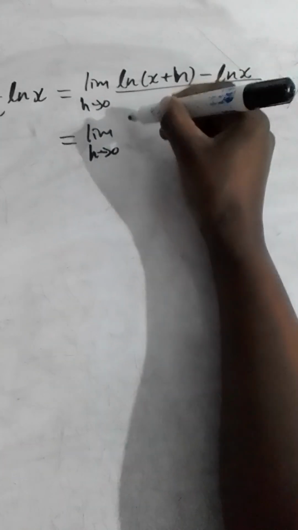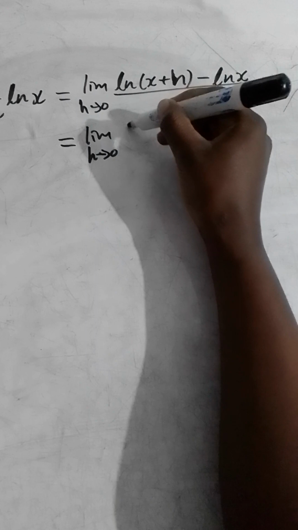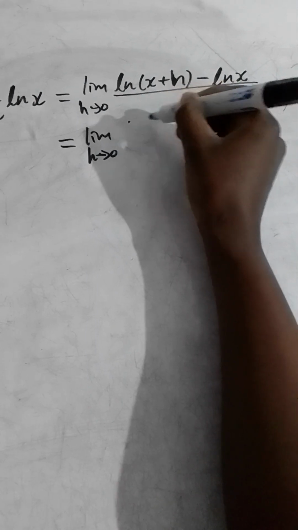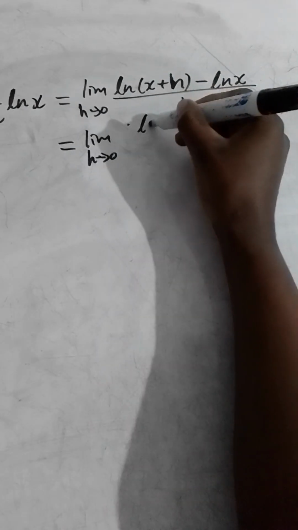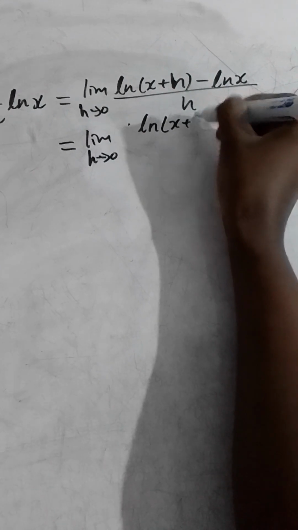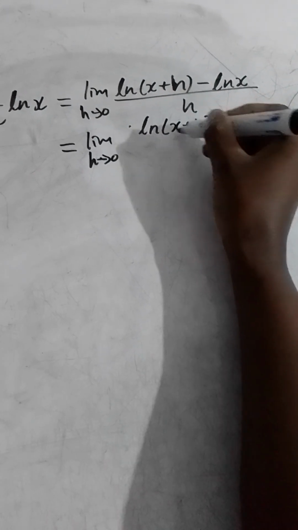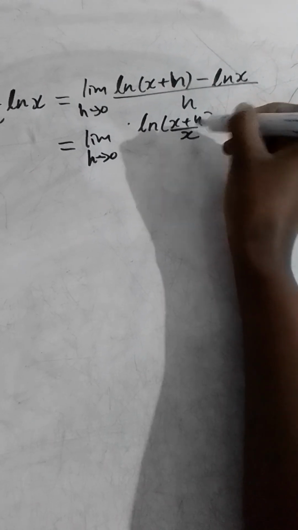Now, remember the laws of logarithms allow us to write this as ln of x plus h all over x, all over h.